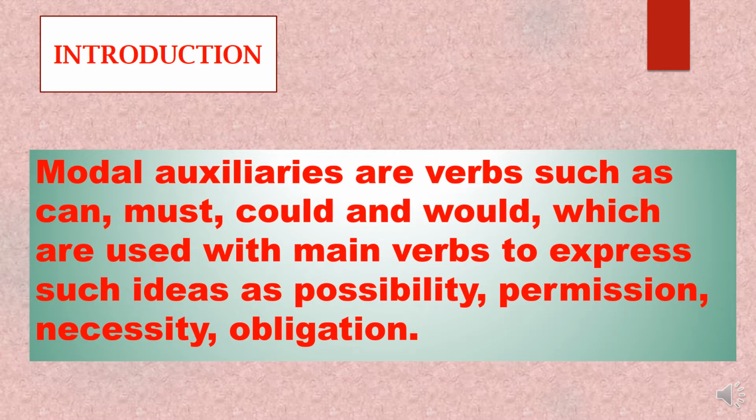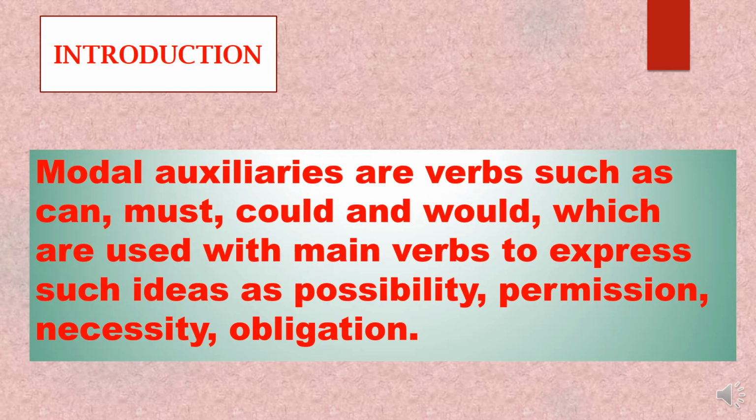The verbs like shall, will, all these are known as auxiliary verbs, and you were asking me in the chapter of tenses where to use shall and where to use will. So I have told you at that time also that we are going to study this deeply in the chapter of modals.